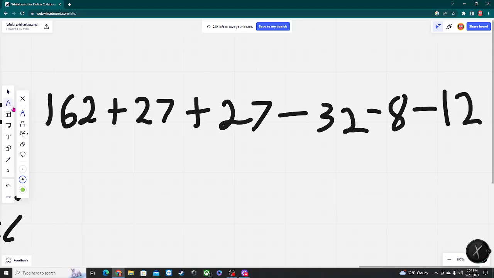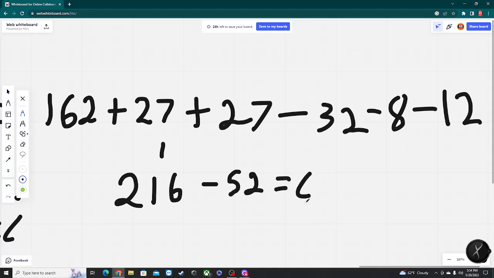So let's combine. We have 27 plus 27, it's 54. 54 plus 162. I'm going to do it on a calculator because I'm lazy. 162 plus 54 is 216. So 216, negative 32 minus 8 is negative 40. Negative 40 minus 12 is negative 52.